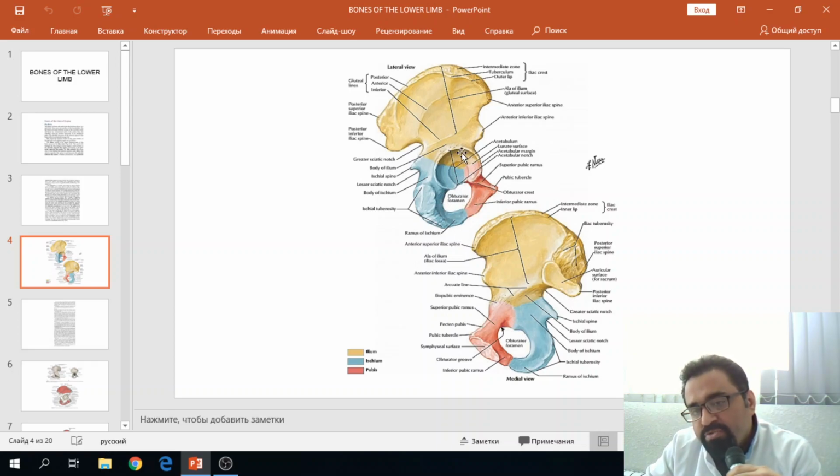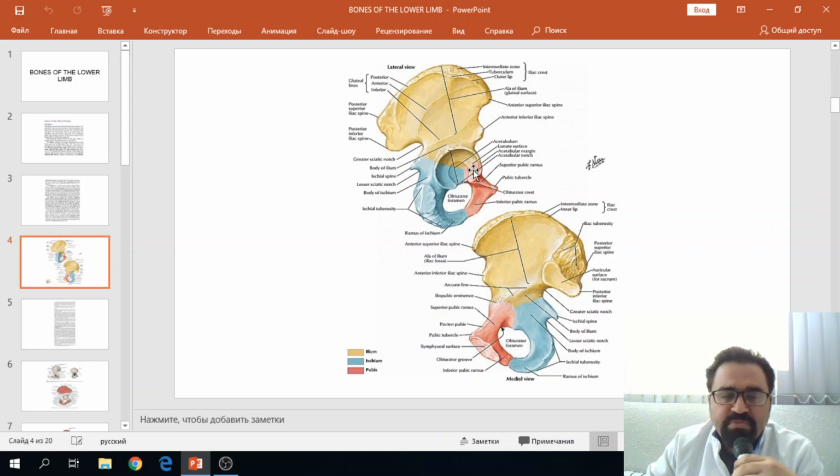These three bones, as you can see, this yellow color, this blue color and the red color, combine at the acetabular cavity. This whole cavity articulates with the head of the femur. This is called the acetabulum. The acetabulum has a lunate smooth surface.